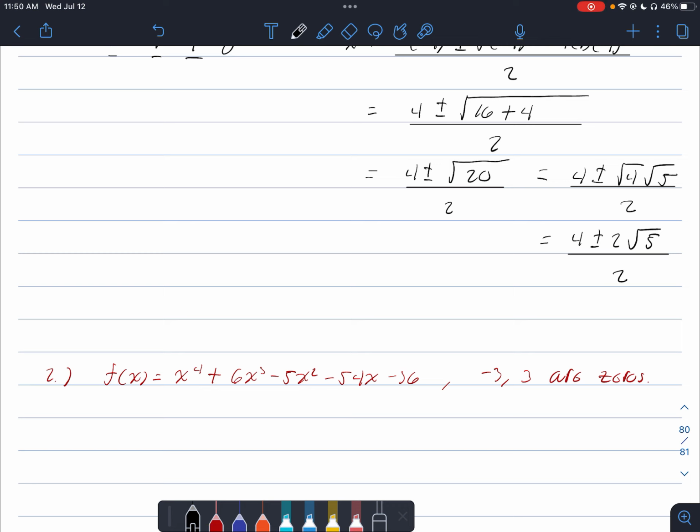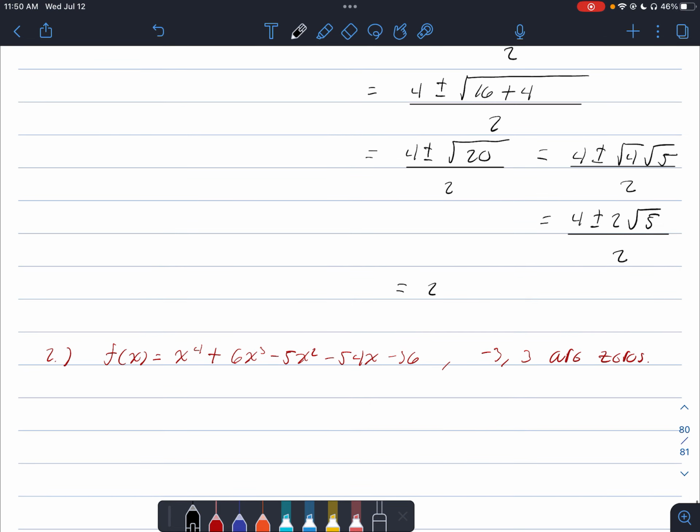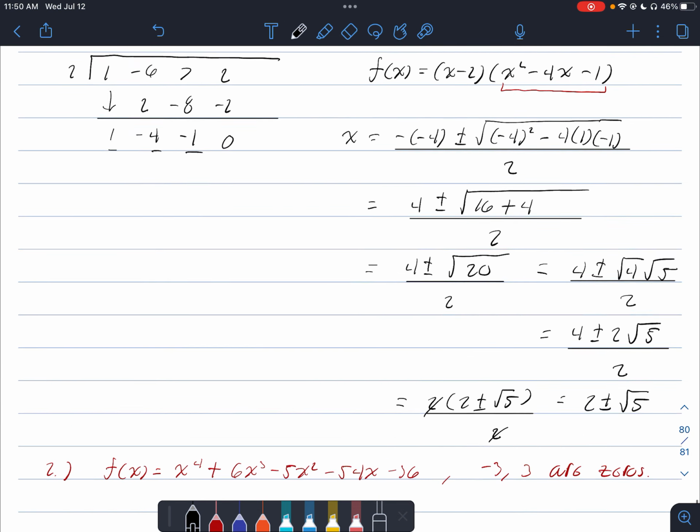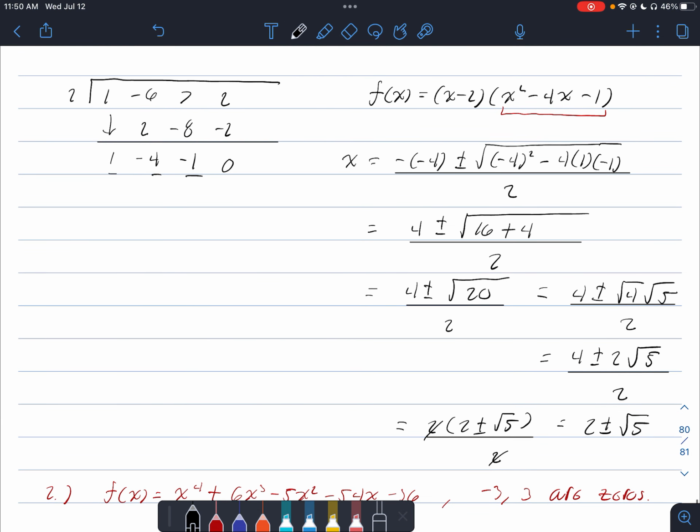We can pull a 2 out, and we'll get 2 times 2 plus or minus the square root of 5 over 2. So these cancel, and we really just end up with 2 plus or minus the square root of 5. So those are our two other zeros for this polynomial.